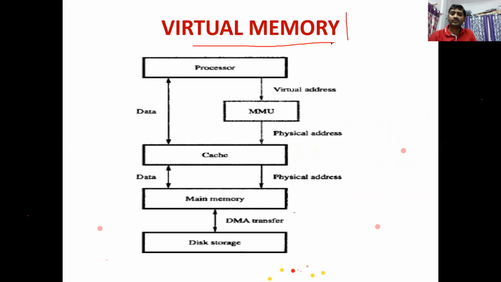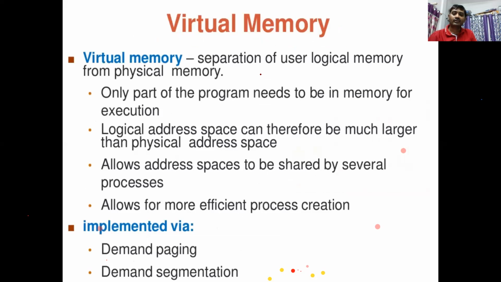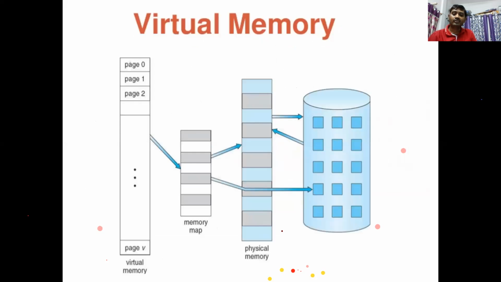So we'll be allocating a virtual memory in that operating system when we install it. See here, this is your physical memory. Physical memory is nothing but your RAM or main memory, right? This is your secondary memory.